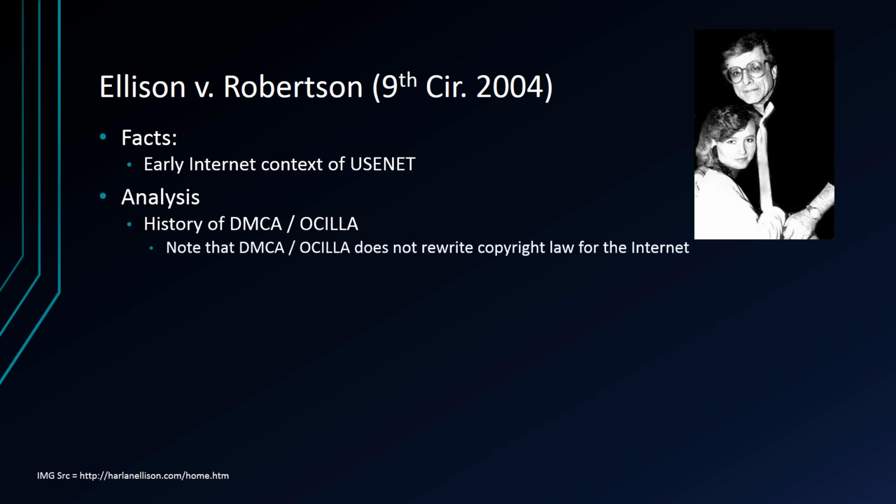It gives some history of the DMCA and OCILLA. And one thing to note here that's interesting is that in the DMCA and OCILLA, Congress chose not to rewrite copyright law for the Internet. There were debates about whether copyright law should be substantially rewritten for the Internet era, but that's not what Congress chose to do. What Congress chose to do was try and just give the kind of exemptions and safe harbors that we have seen in order to make some adjustments without completely rewriting the law.